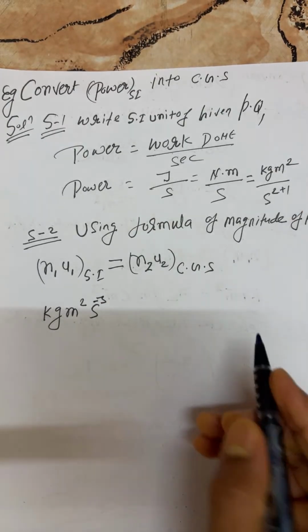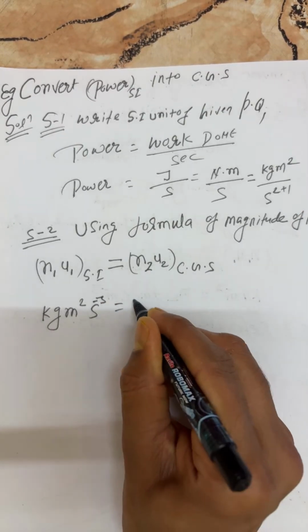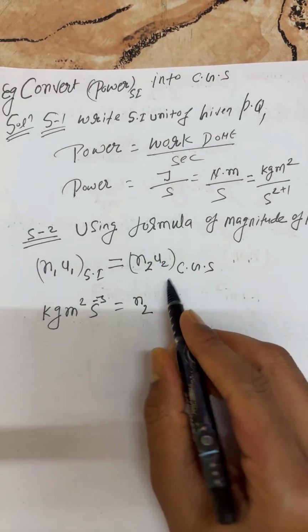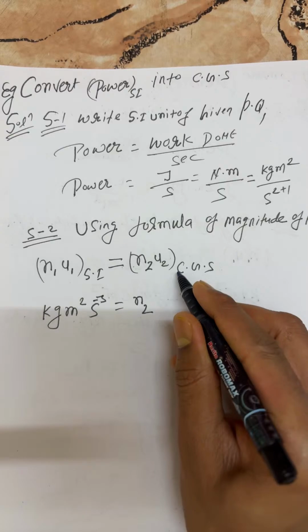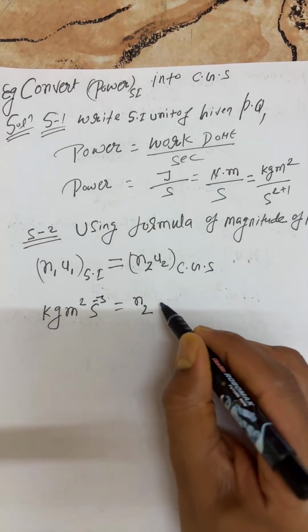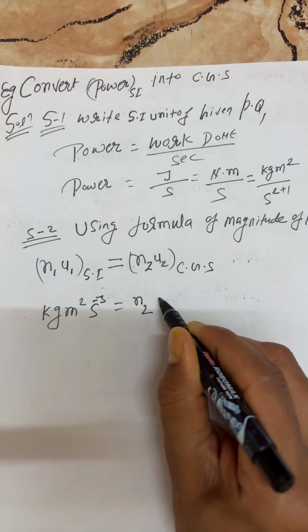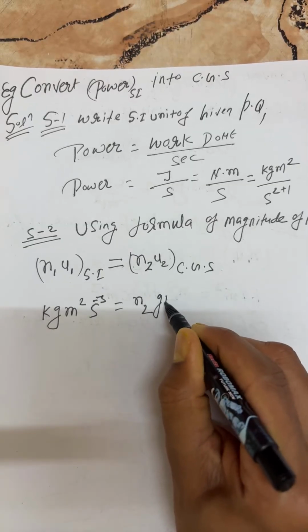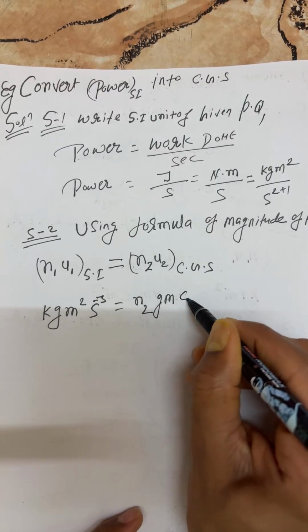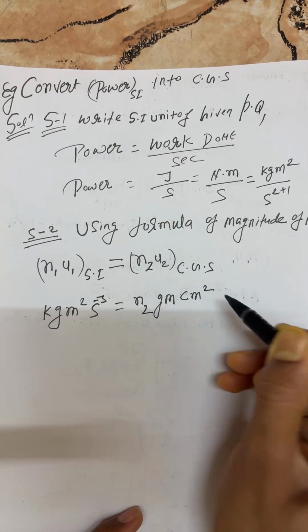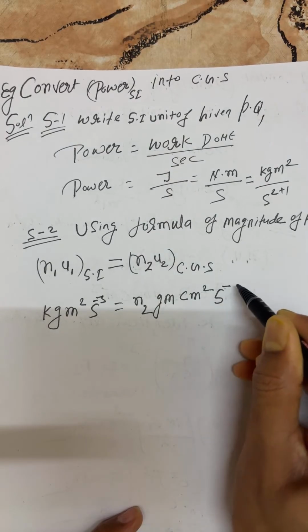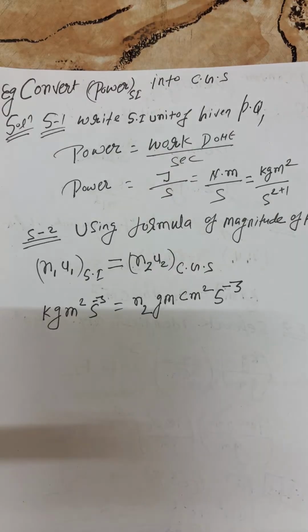N2, no need to disturb, as usual. What about U2, kids? Same unit in CGS: mass is gram, length is centimeter square, and seconds.